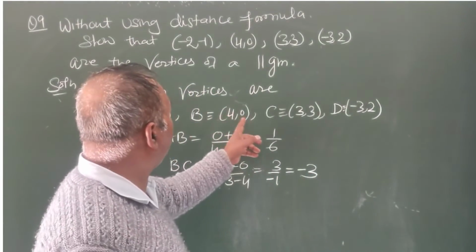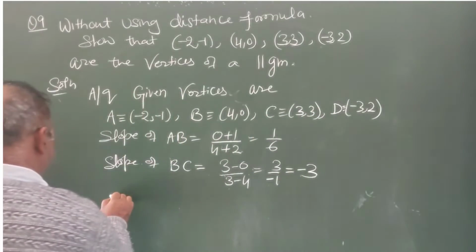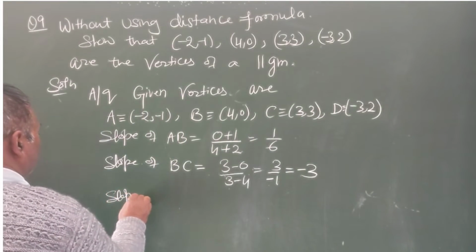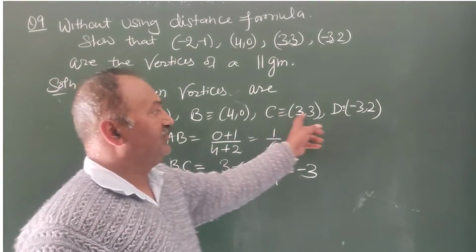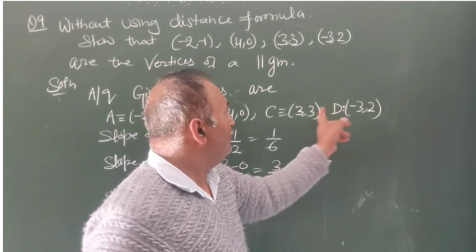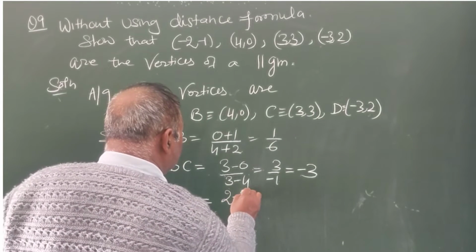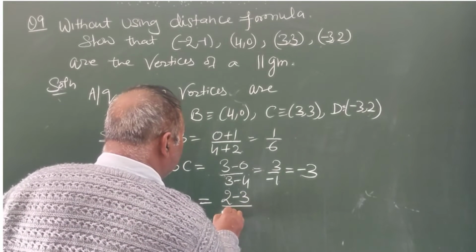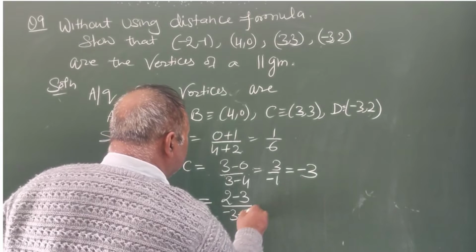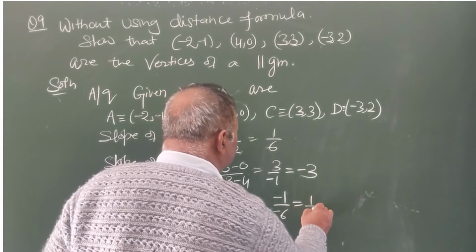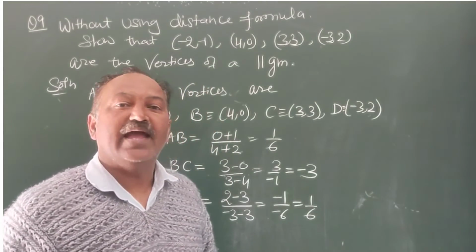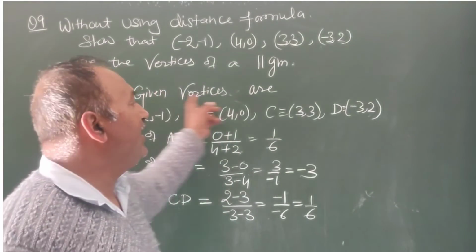Now slope of CD. Slope of side CD is equal to (2 minus 3) upon (minus 3 minus 3), that is minus 1 upon minus 6, that is 1 by 6. And at last, slope of AD.